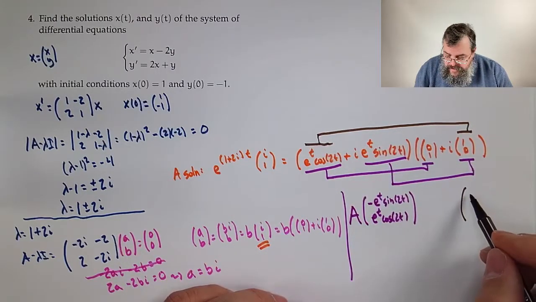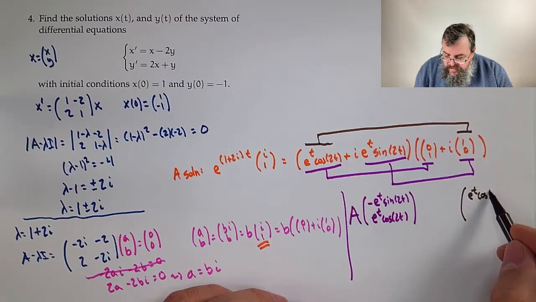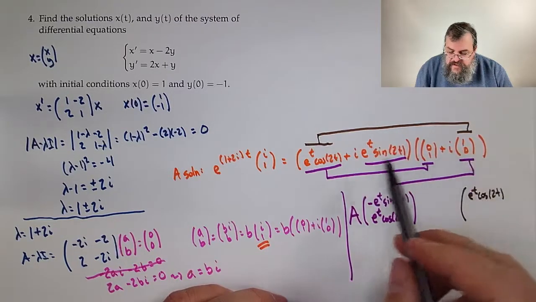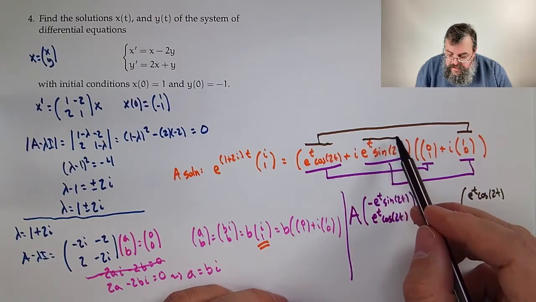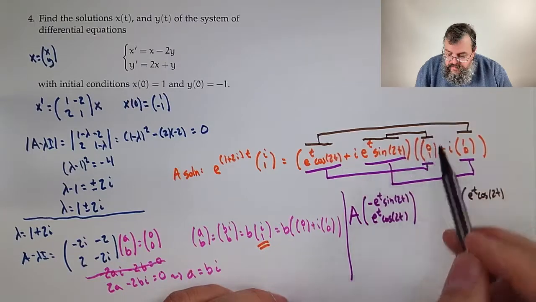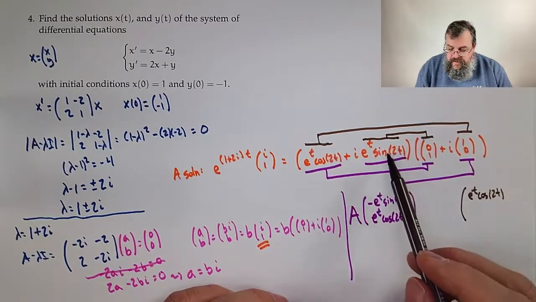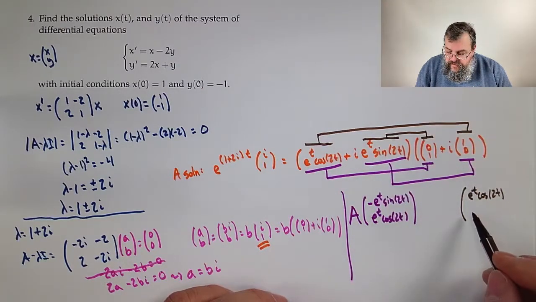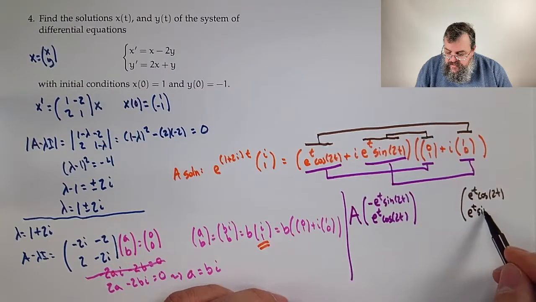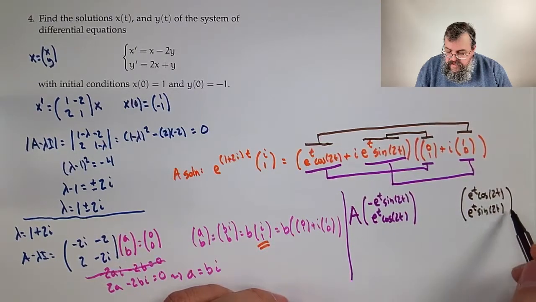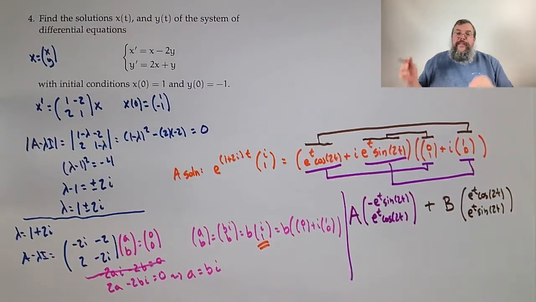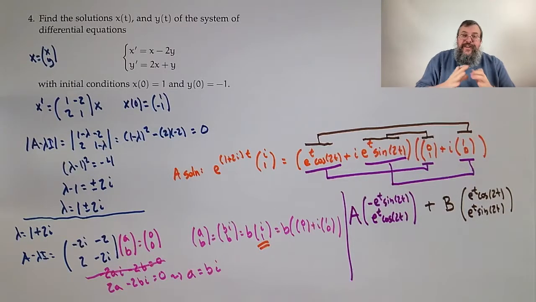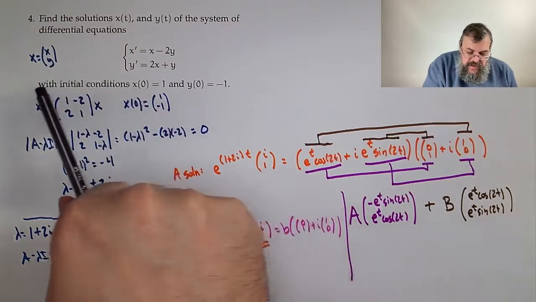That gives us e to the t cosine 2t upstairs and 0 down. Then we take the imaginary part there times the real part there, and here we get 0 upstairs, and downstairs we get e to the t sine of 2t. And there'll be a b. So this is the general solution to that problem.